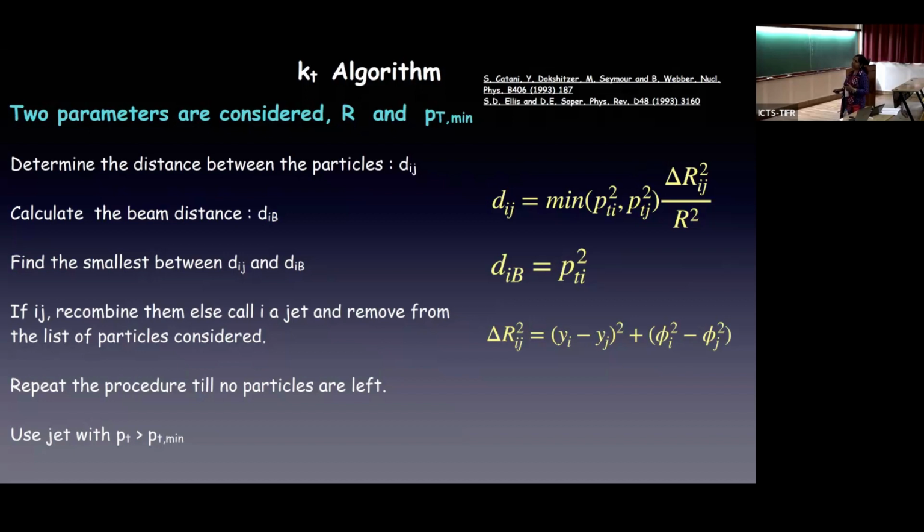So if dij is smaller, recombine them, adding their momentum; else call i a jet and remove it from the list of particles. Repeat the procedure till no particles are left, and use jets with a certain pT which depends upon the analyzer. Normally high pTs are chosen.